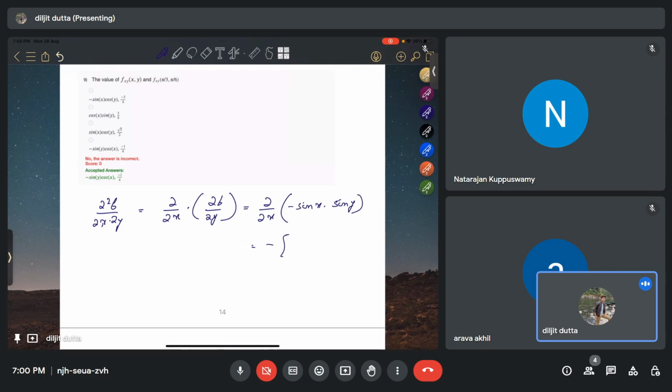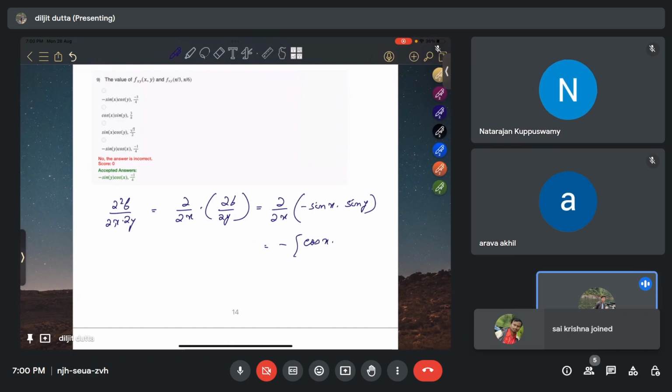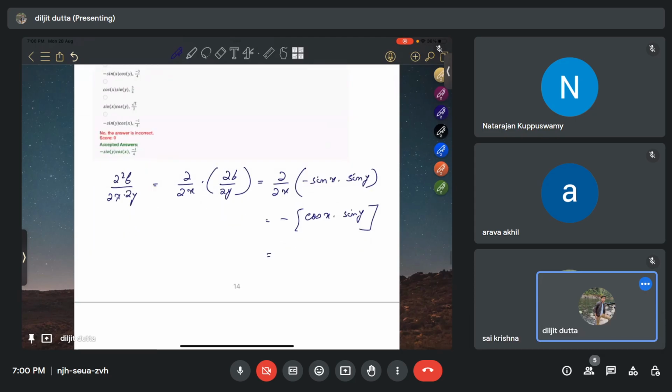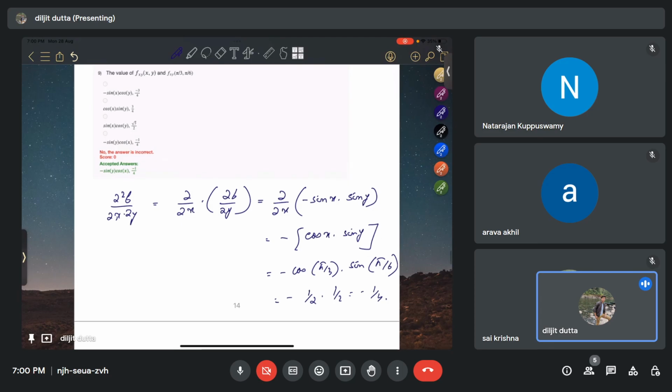The differentiation of sin x is cos x, so it is minus cos x into sin y. Cos 60 is half, so it is minus cos pi by 3, minus half into half, it will be minus 1 by 4.